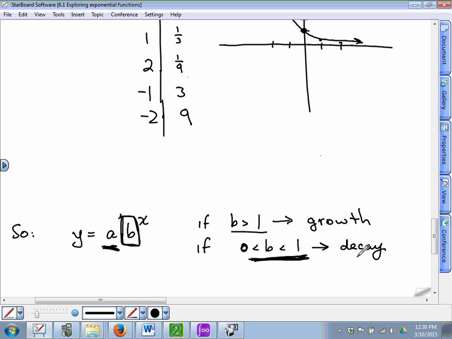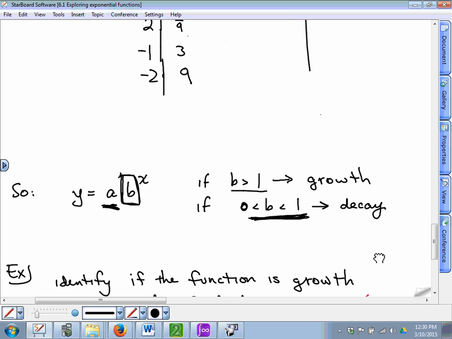It's decay. That is true, you are correct, because the decimal's smaller than 1. You didn't read all the directions, though. There was one thing we left off.